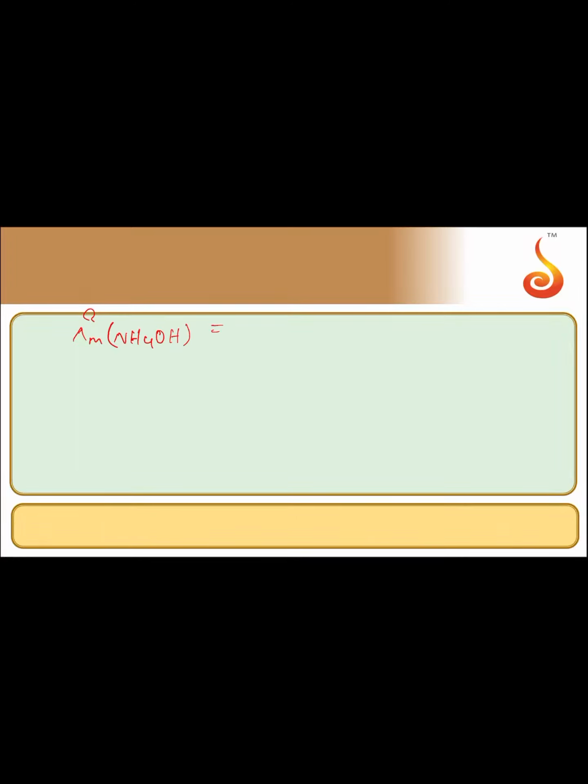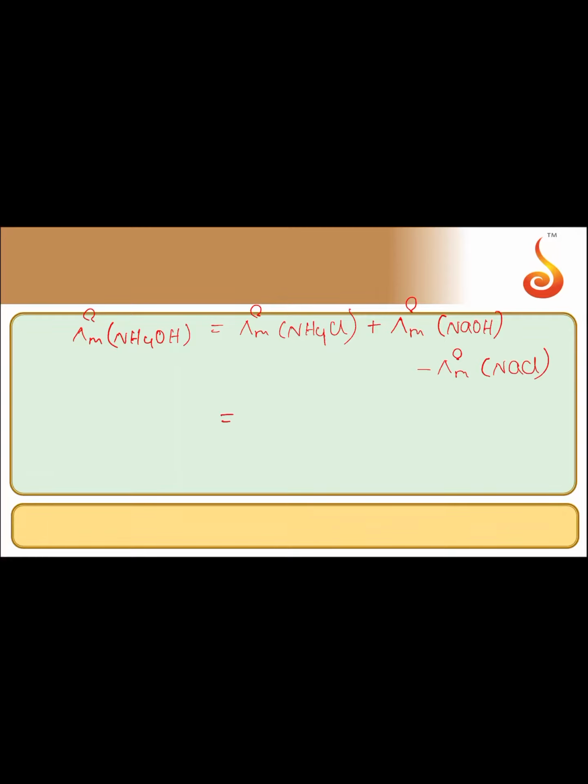So lambda m naught of NH4OH is equal to lambda m naught of NH4Cl plus lambda m naught of NaOH minus lambda m naught of NaCl.